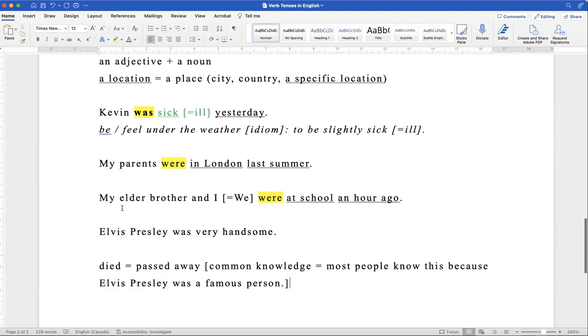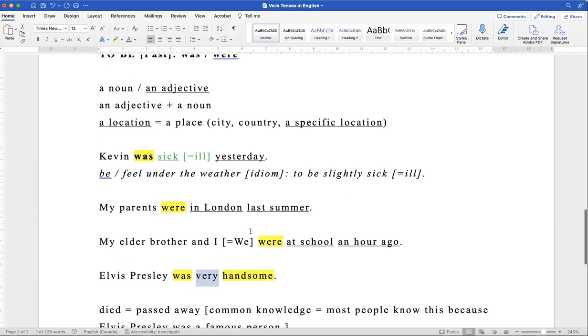So that's why we know that he's not alive any longer. We cannot say is because this person is not alive any longer. That's why we need to say was. Again, handsome is an adjective. And very is an adverb describing the adjective, but this is not our focus now. So I used an adjective.